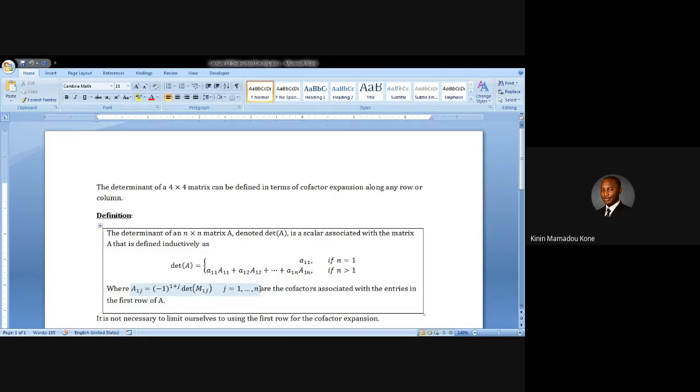J goes from 1 to n, and these are called the cofactors associated with the entries in the first row of A. So A sub 1j is the cofactor of the matrix A associated with its first row. Questions related to this one?